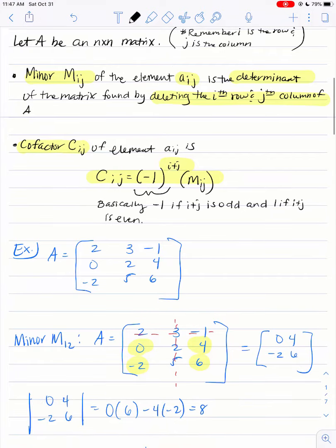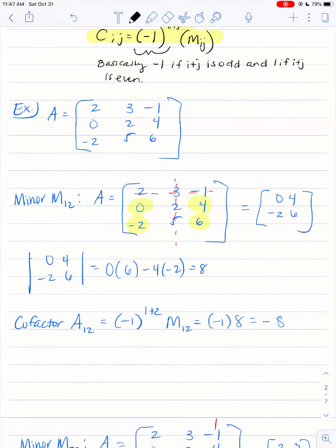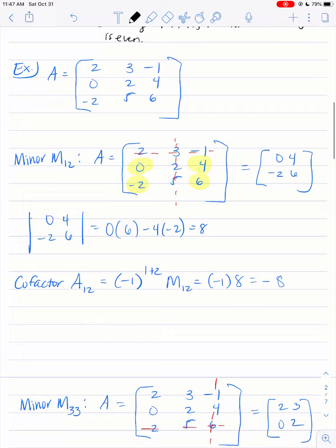Okay, let's go ahead and do an example. So I have A is 2, 3, -1, 0, 2, 4, -2, 5, 6. Let's find our minor M1,2. Remember, the 1 is the row, and the 2 is the column.